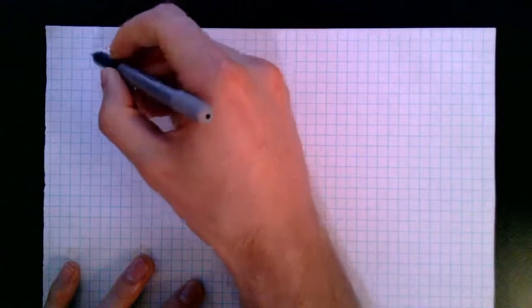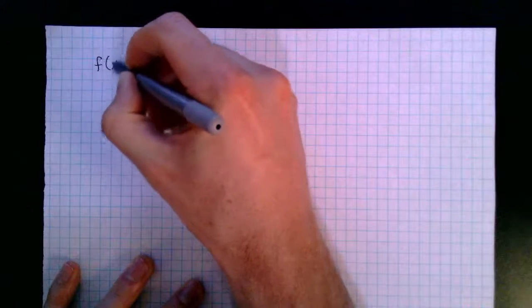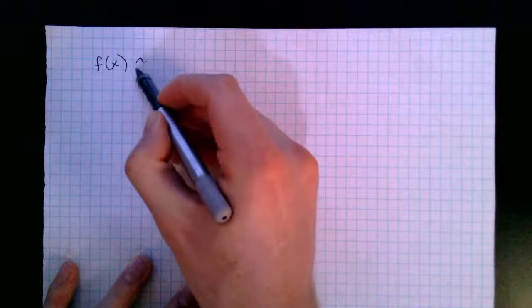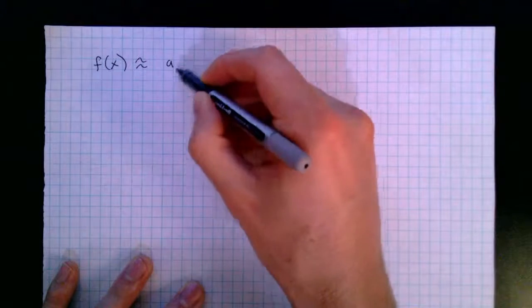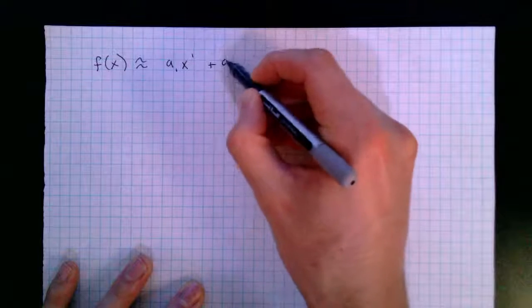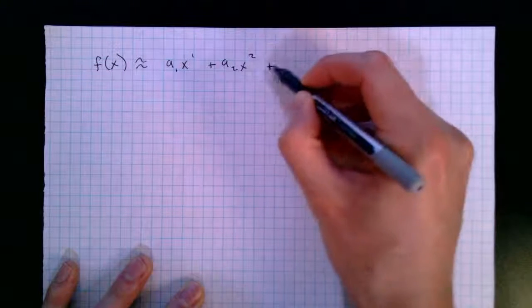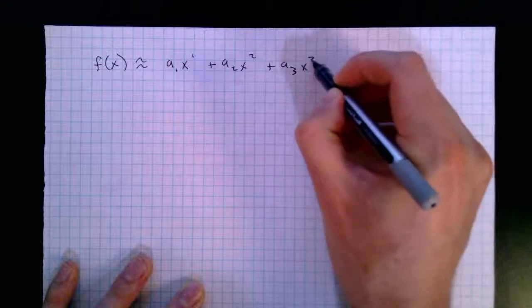I'm going to hide this book and I'll bring it right back in a second. Basically, you have some function f of x, and you want to say that's approximately equal to a1 times x to the first plus a2 x to the second plus a3 x to the third.